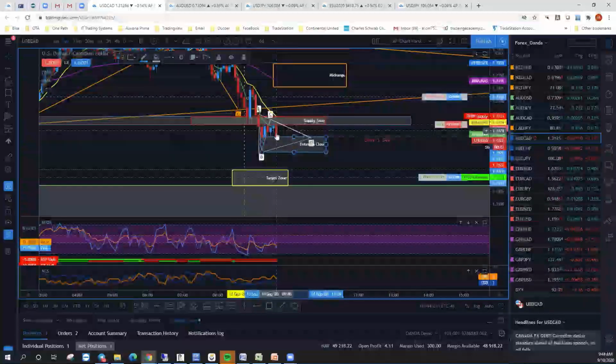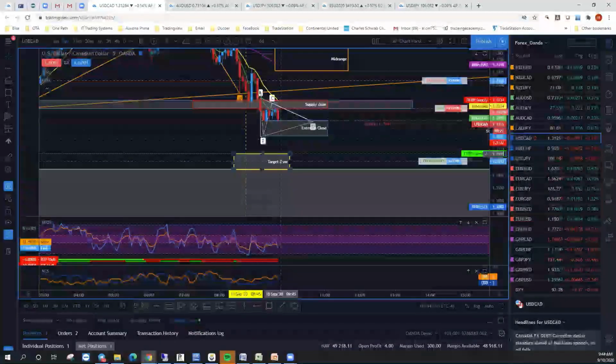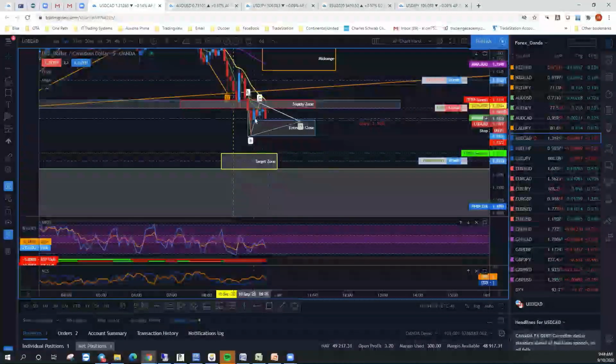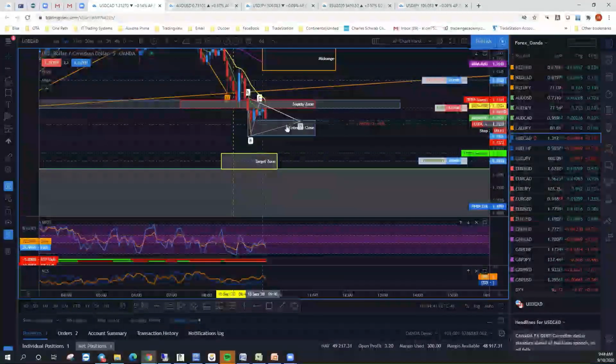If this red candle can come down and close inside this box and close below the wedge, then you have another shot down to this area. This would be an early entry for any time in the blue zone.